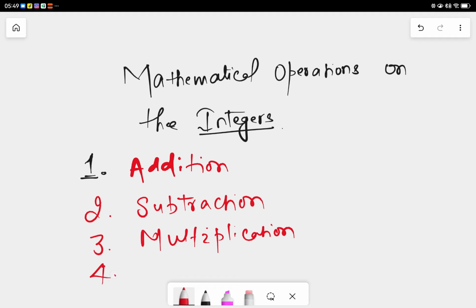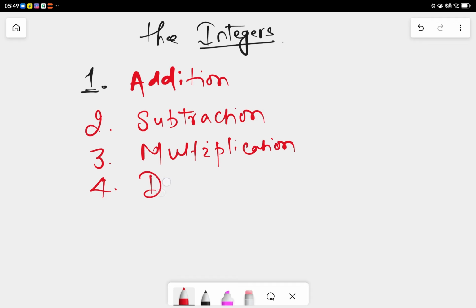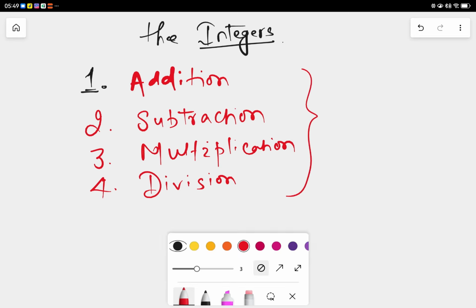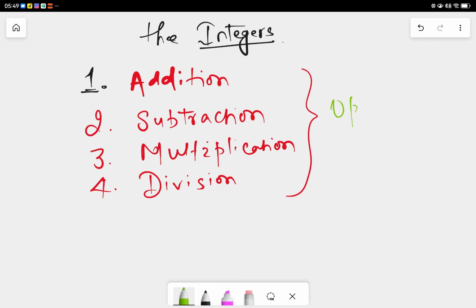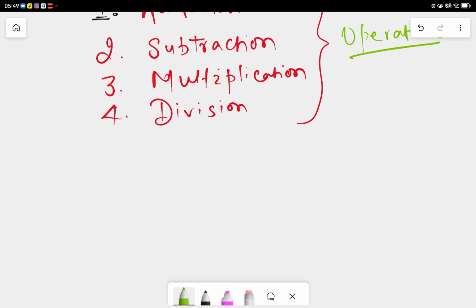And the fourth one is division. And we will try to understand this from the number line system as well. These are nothing but what we call, in mathematical terms, operations on integers. Okay, let us go.